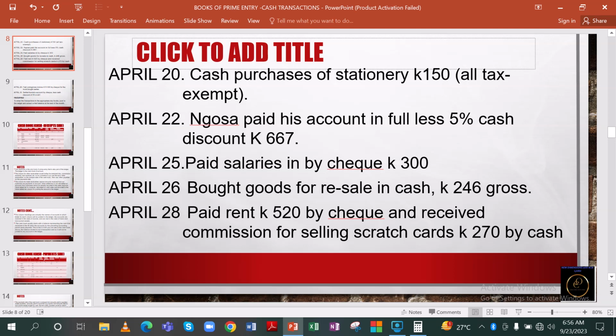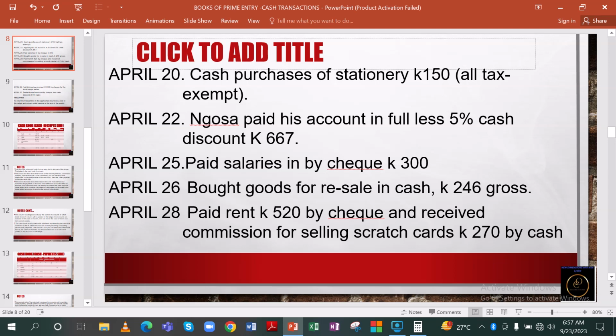So there are two things there. We paid rent, 520 by check, and also received commission and received cash. So the cash book bank payment side will capture the 520, and then the cash book cash receipt side will capture the 270.